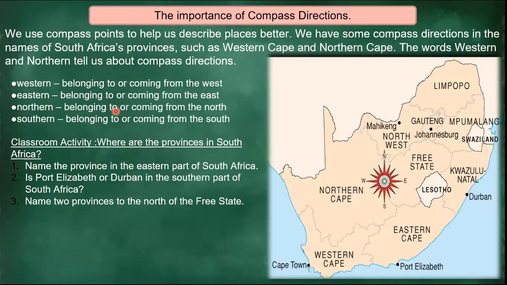The Free State, the north, it is Gauteng and Limpopo. Oh, thank you, Limpopo. Thank you very much. Yes, guys, let's move. All the answers are correct. Gauteng, Limpopo, Northwest.